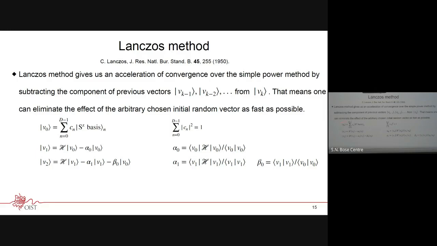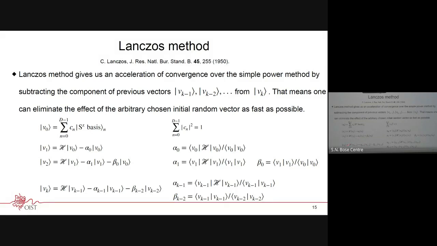So to also normalize this V2 vector and V1 vector, the alpha and 1 and beta 0 are written by this equation. So this V2 is also orthogonal to the V1 and V0 at the same time. We will do this again and again so that we get an arbitrary k vector.